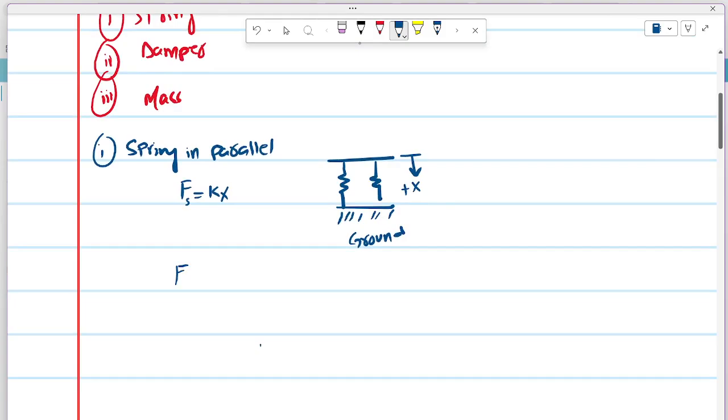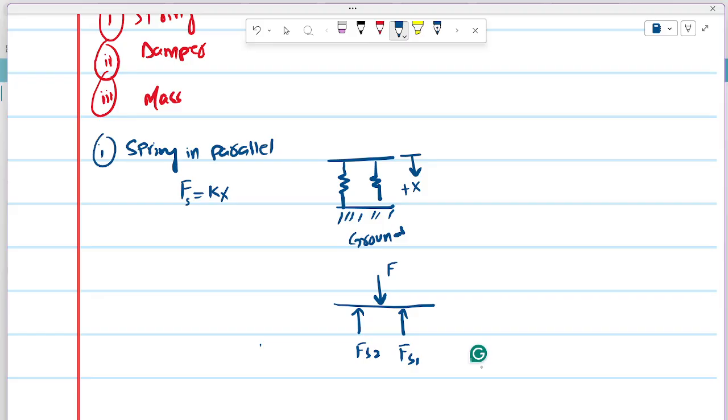Let's say the force F was applied here, and then the second step is to draw the free body diagram. The force was applied in this direction and it was opposed by spring 1 and spring 2, right? Let's say the downward direction is the positive x-axis.